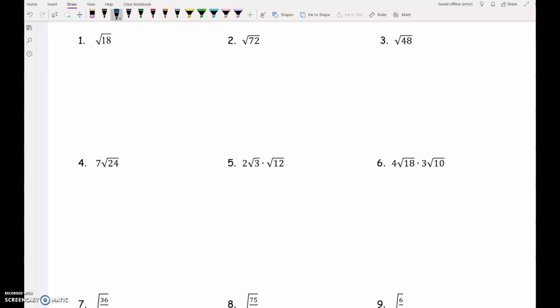If we list out the numbers that are perfect squares, 1 times 1 is 1, 2 times 2 is 4, 3 times 3, 4 times 4, 5, 6, 7, 8, 9, 10, 11, 12, 13, 14.